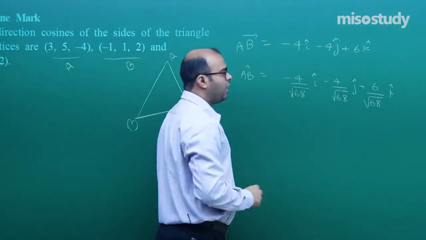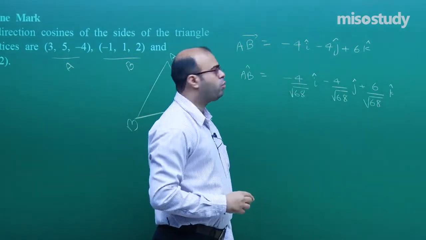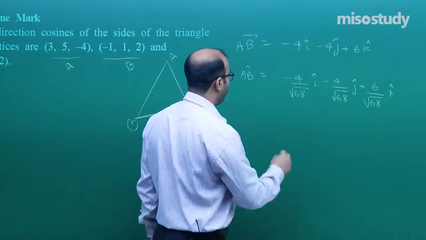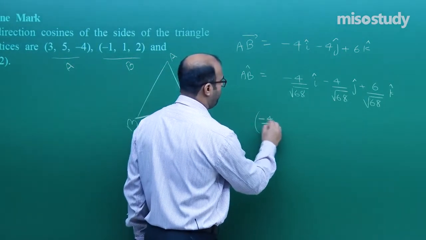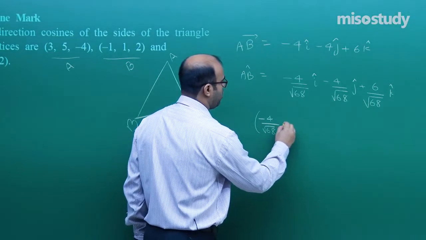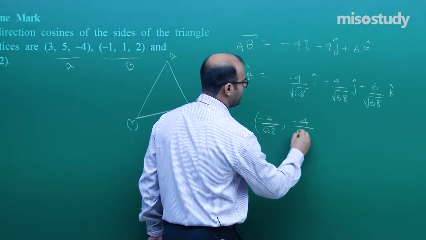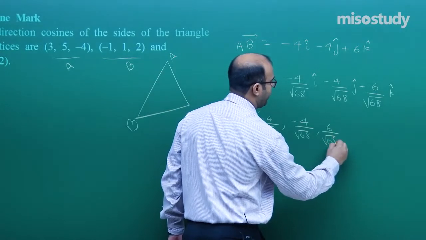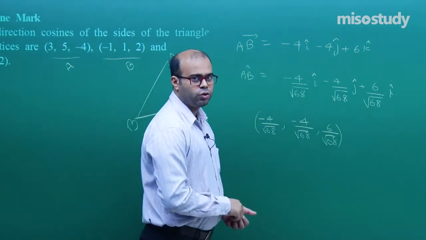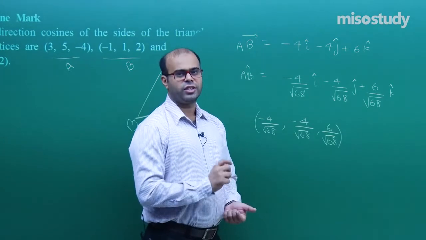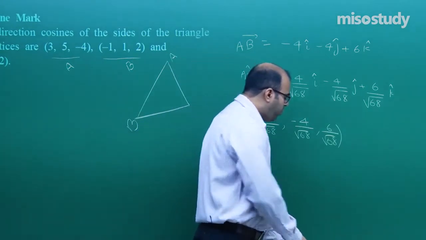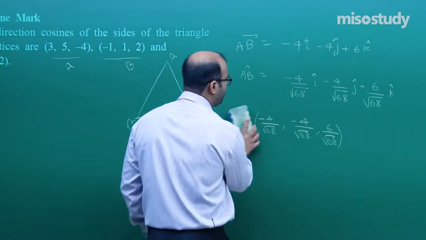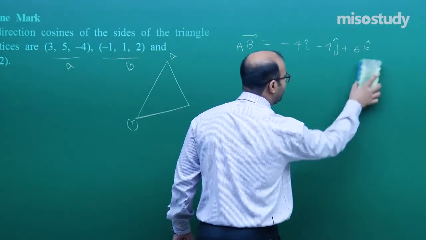This is the unit vector, which means the direction cosines along this line AB are minus 4 by root 68, minus 4 by root 68, plus 6 by root 68. This is the direction cosine along one of the sides, and we have to find it for all the sides. So, we will proceed similarly for the other sides also.